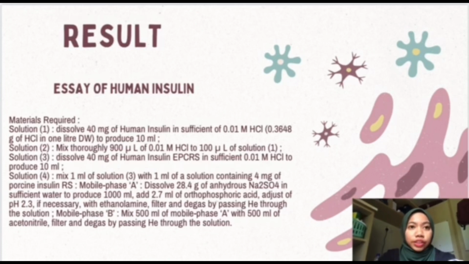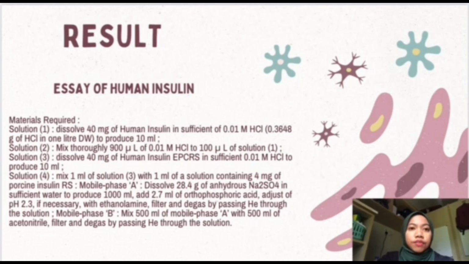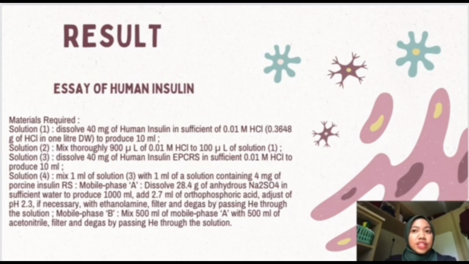For Solution 3, dissolve 40 mg of human insulin EPCRS in sufficient 0.01 M HCl to produce 10 ml. For Solution 4, mix 1 ml of Solution 3 with 1 ml of a solution containing 4 mg of processed insulin RS.